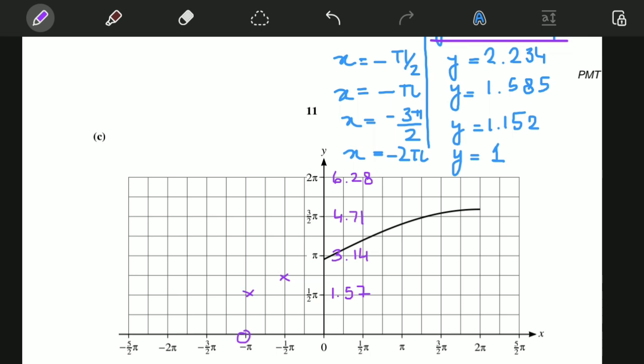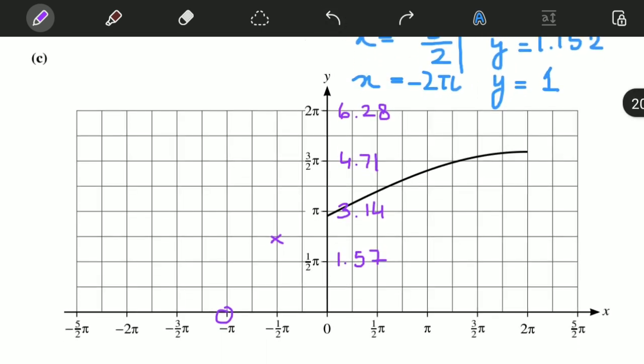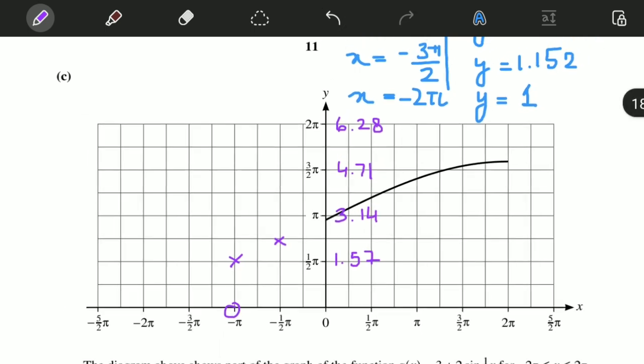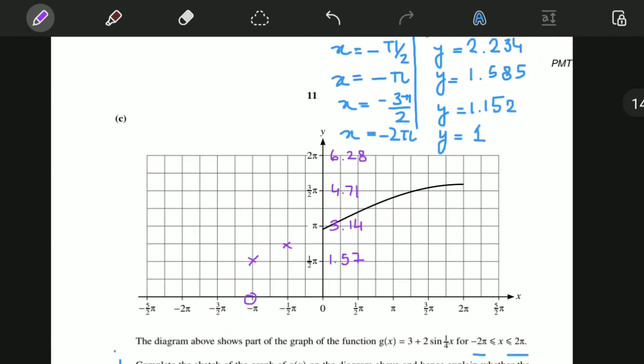So this one, and the next point is minus 3 by 2 pi, this one, and for that we have y equal to 1.152.